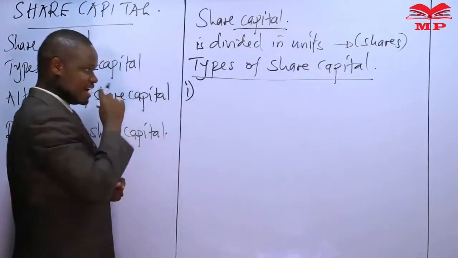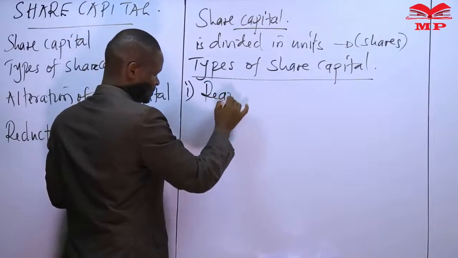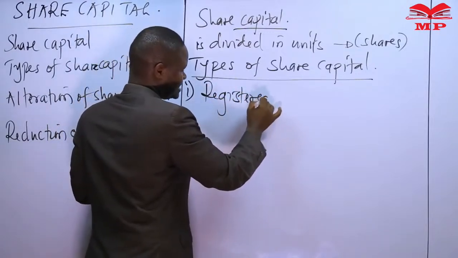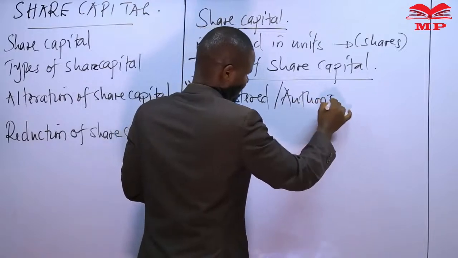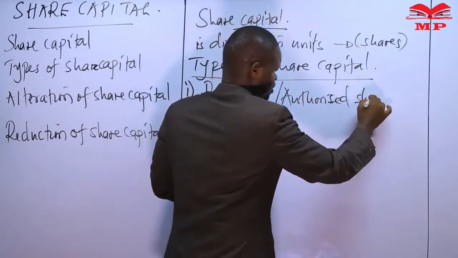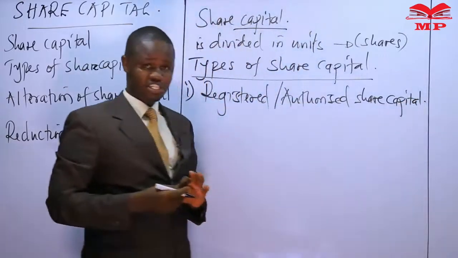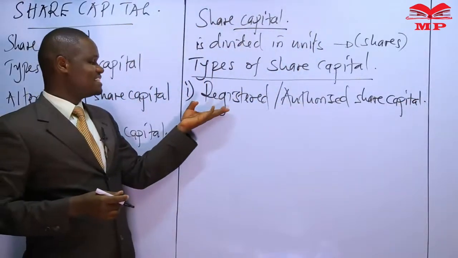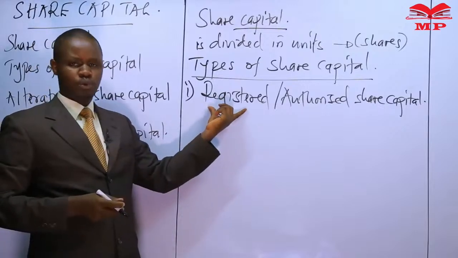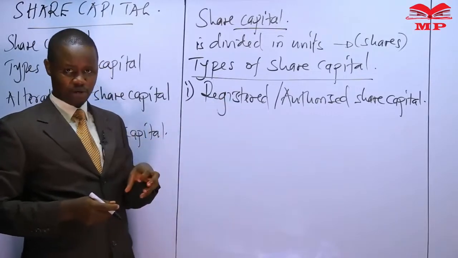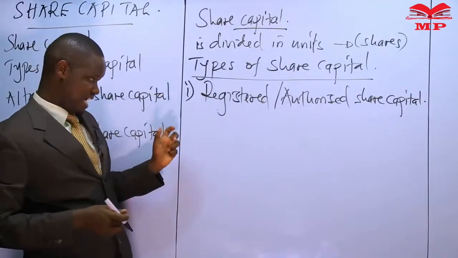The first type that we may have is what we refer to as the registered, also known as the authorized share capital. The registered or the authorized share capital. This, as the name registered suggests, is the capital with which the company is registered, the capital being divided into units that we are referring to as shares.